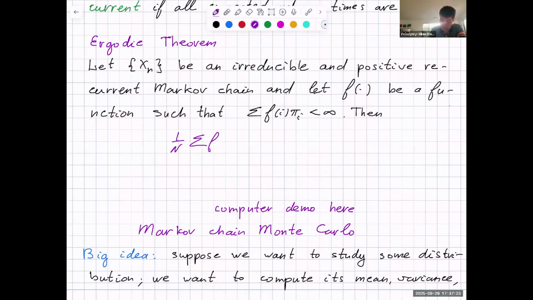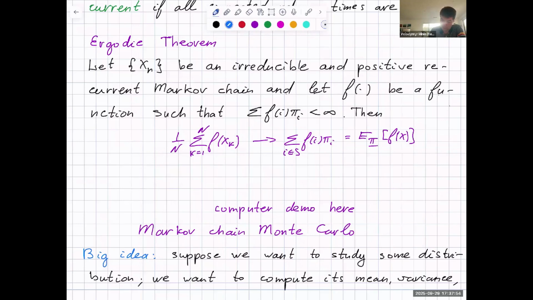Let's say I plug in my state into some function. It could be squaring my states, or maybe I'm not doing anything interesting to them, and I'm just going to average. That will converge to my stationary expectation, a weighted average where I weight by my stationary probabilities. So it is really defined as expectation with respect to distribution pi.